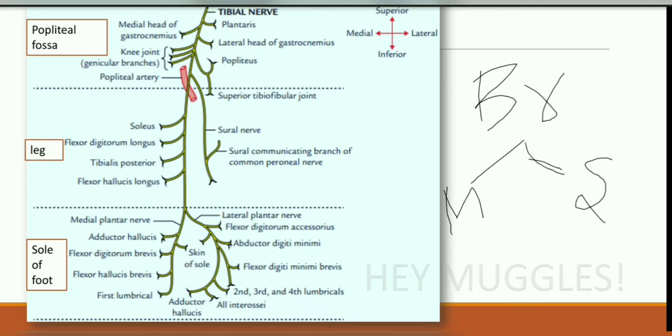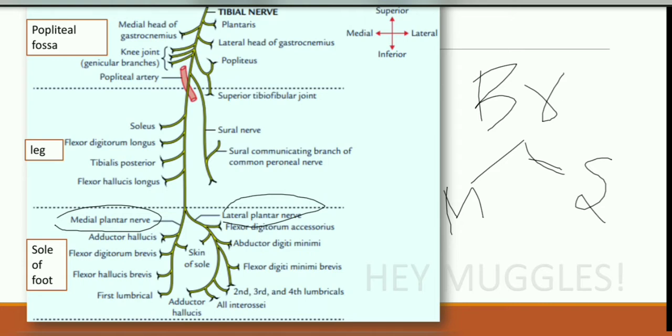The motor branches of your tibial nerve supply all the muscles of the posterior compartment of your leg, and its terminal branches, that is your medial plantar nerve and lateral plantar nerve, supply the muscles of your sole.